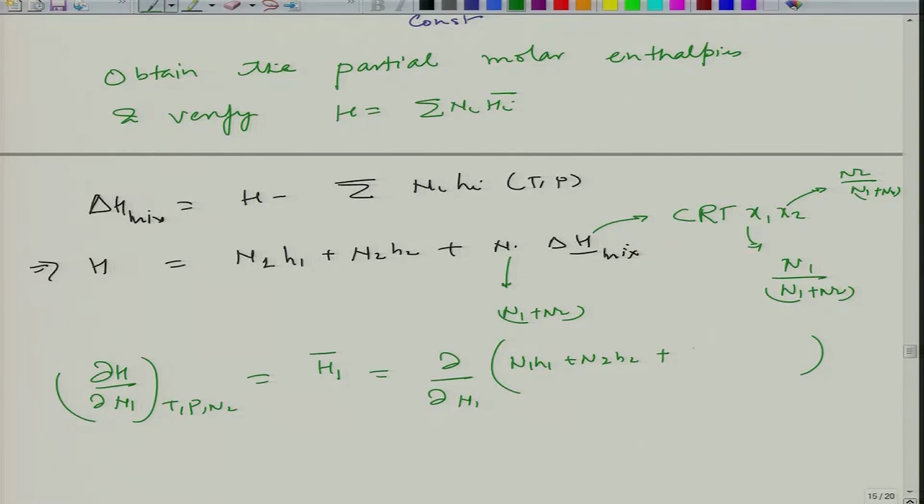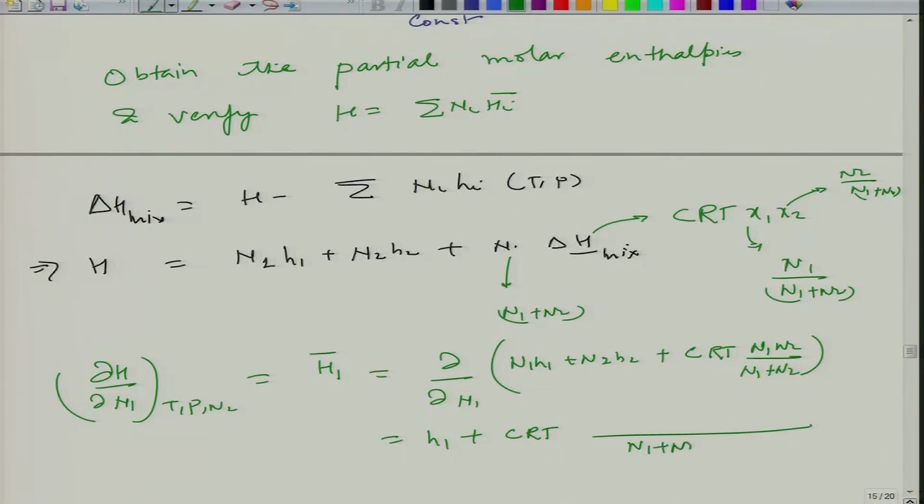So, what I get here is CRT N1 N2 divided by N1 plus N2.